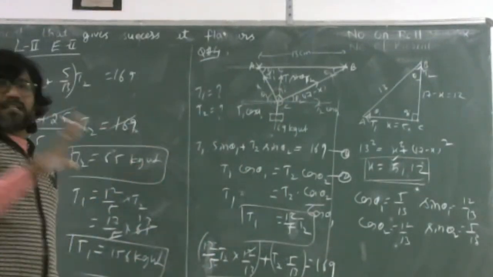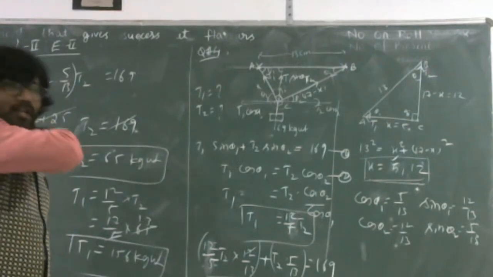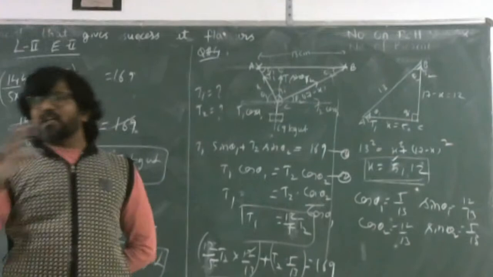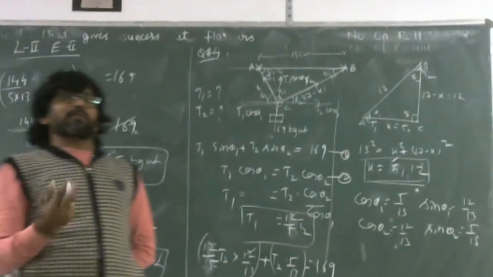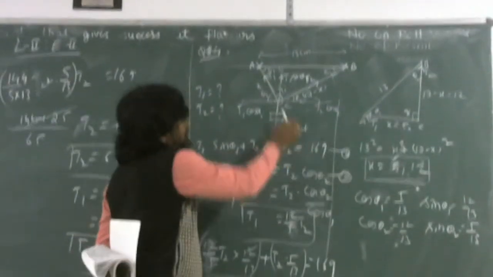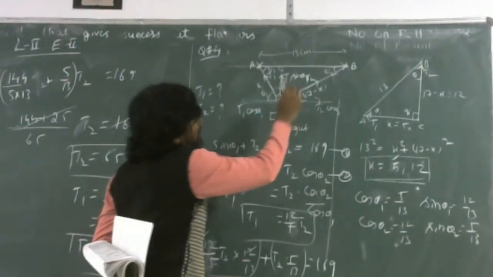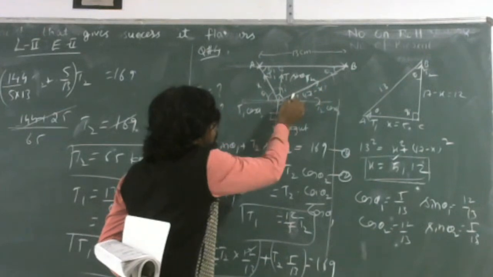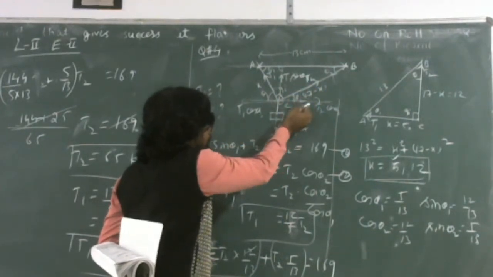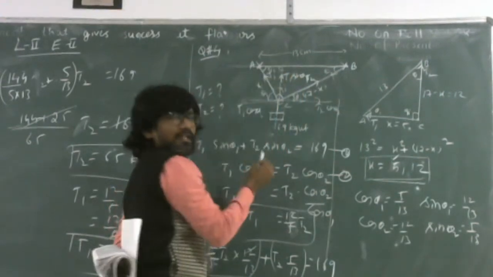The entire system is in equilibrium, which means the total force in the horizontal direction is 0, and the total force in the vertical direction is 0. The condition for equilibrium is that the net force will be 0. So horizontal force is 0 means, how many forces are acting horizontally? If you resolve T2, as this is theta 2, T2 cos theta 2 is this, T2 sin theta 2 is in the vertical direction.